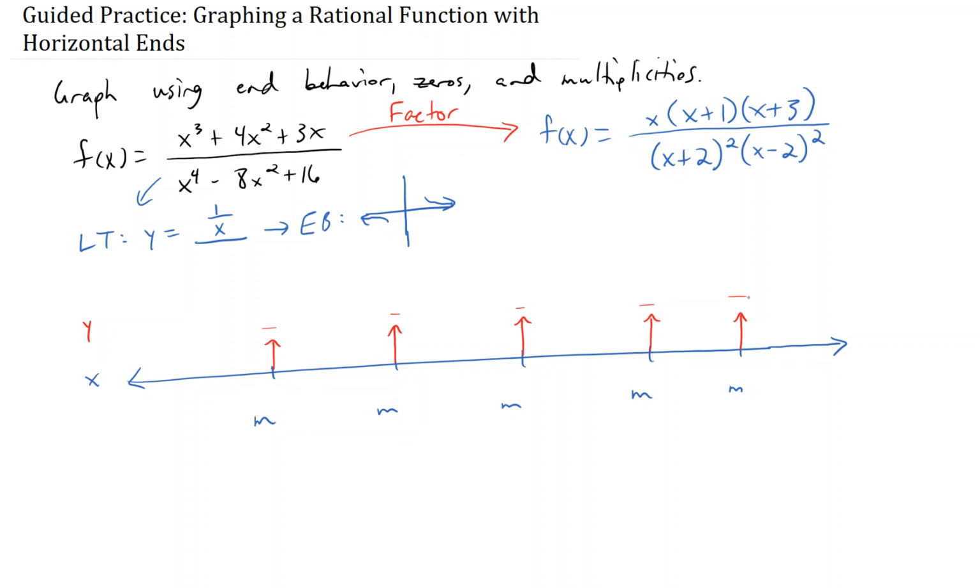Then you've got to figure out the signs between each of your zeros, right? So you're going to start by using your end behavior to determine whether y is negative or positive on the left end and whether y is negative or positive on the right end. Okay?